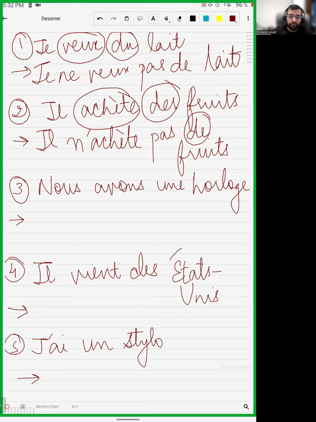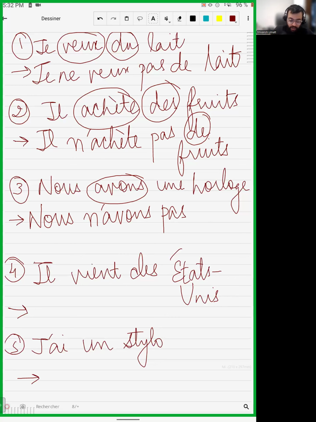And the third example, nous avons une horloge. The verb here is avons, and it is also starting with a vowel. Nous n'avons pas, and the word une again is expressing a quantity, right? So nous n'avons pas de.